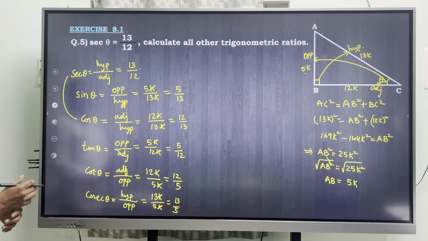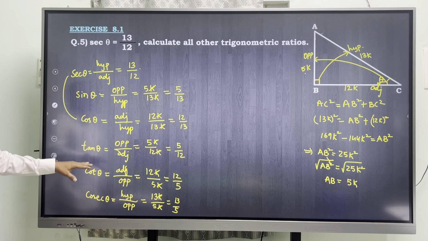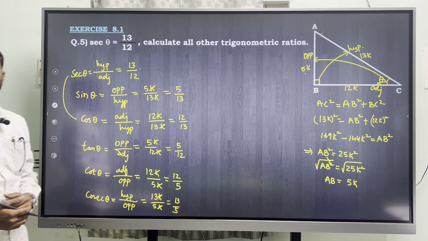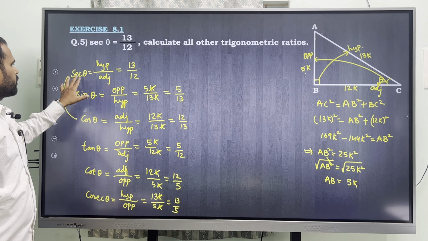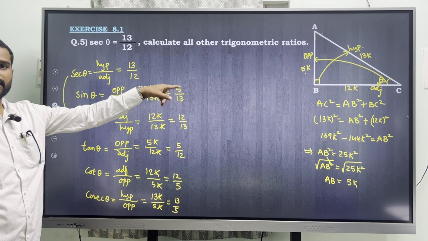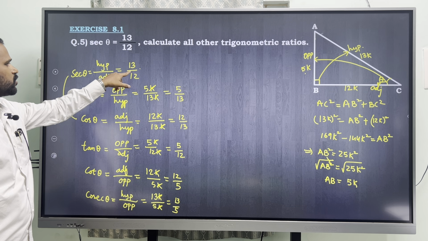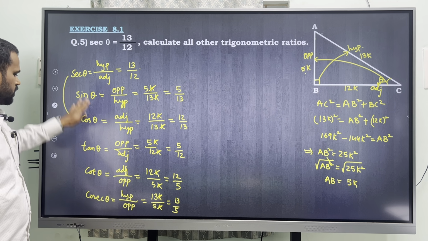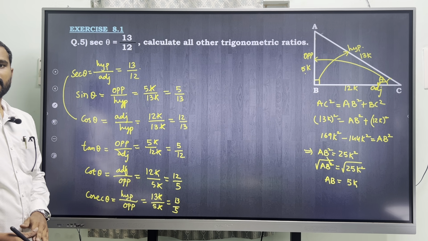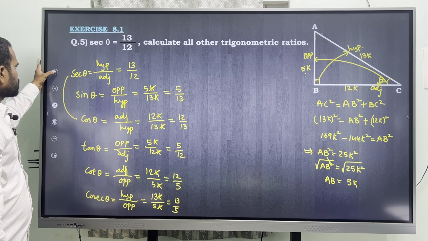This is how we can find all the other trigonometric ratios when one of the trigonometric ratios is given. First, we complete the right angle triangle. These two ratios are given. The third one we will find from the Pythagoras theorem, and then we will easily write the other trigonometric ratios.